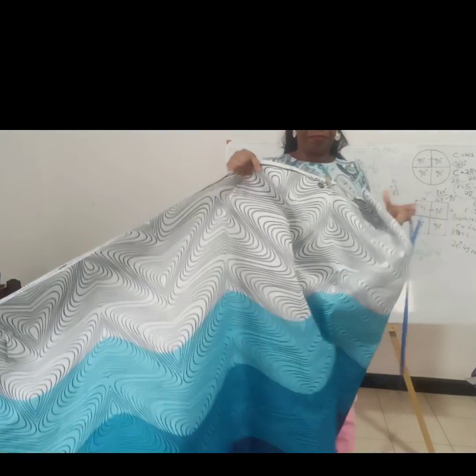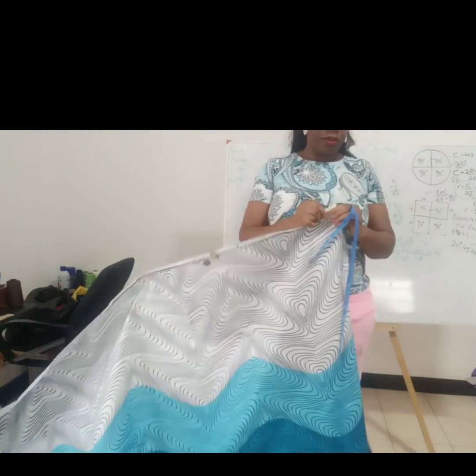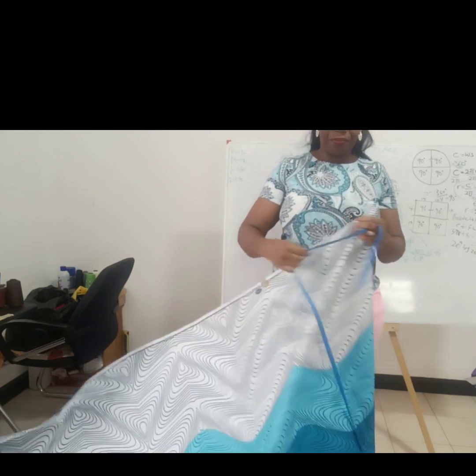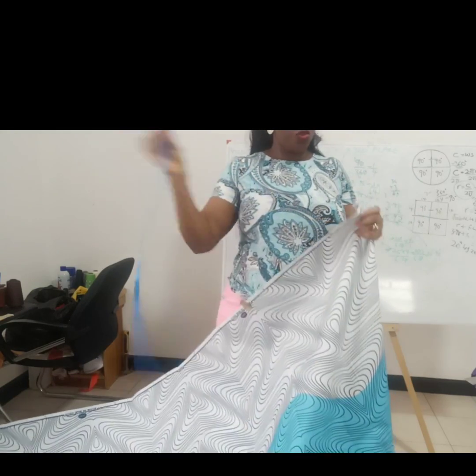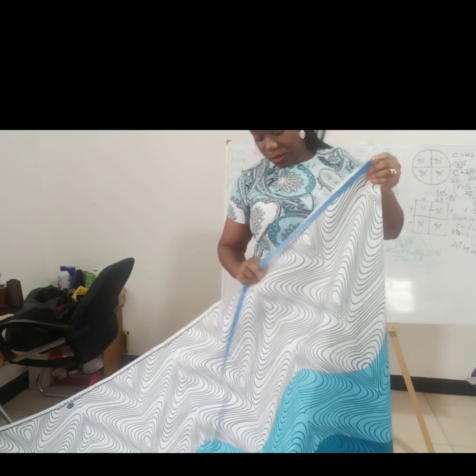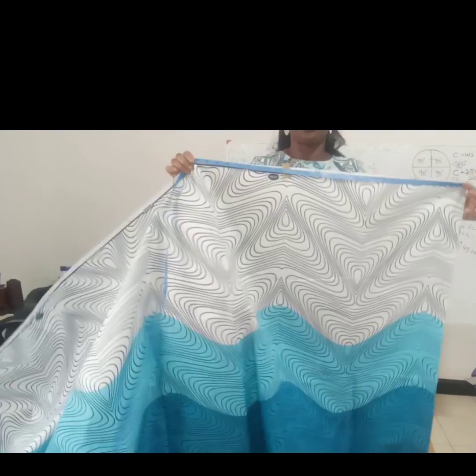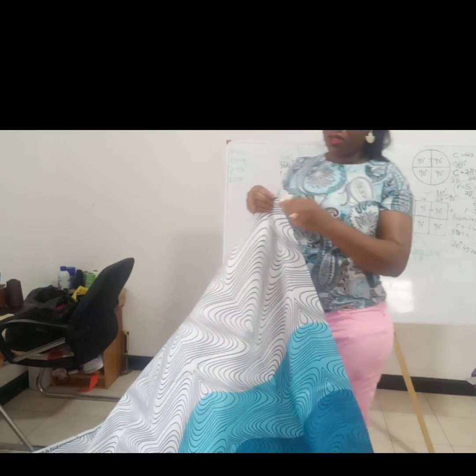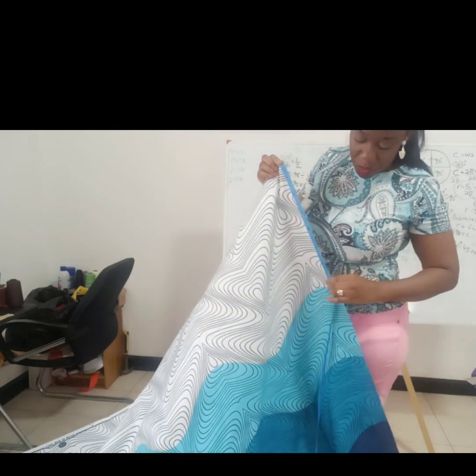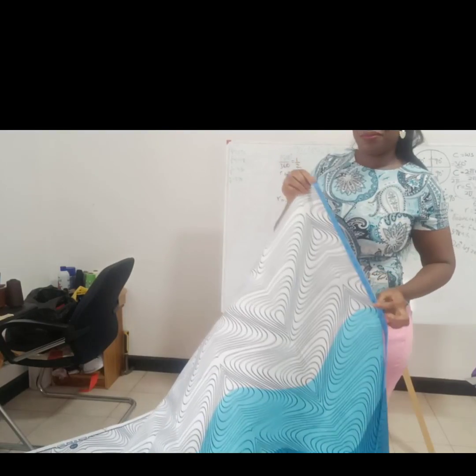So let's see how it looks like on fabric. On fabric, you take your tape, you measure out 28 inches. This is 28. But on this side, you will measure out 14.